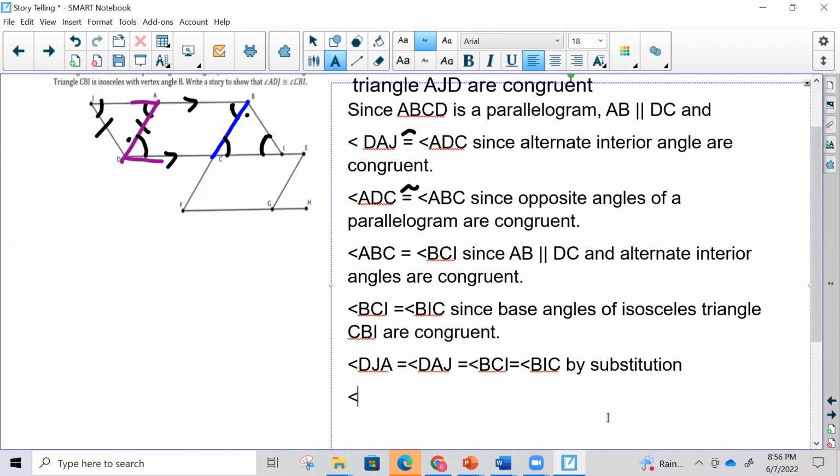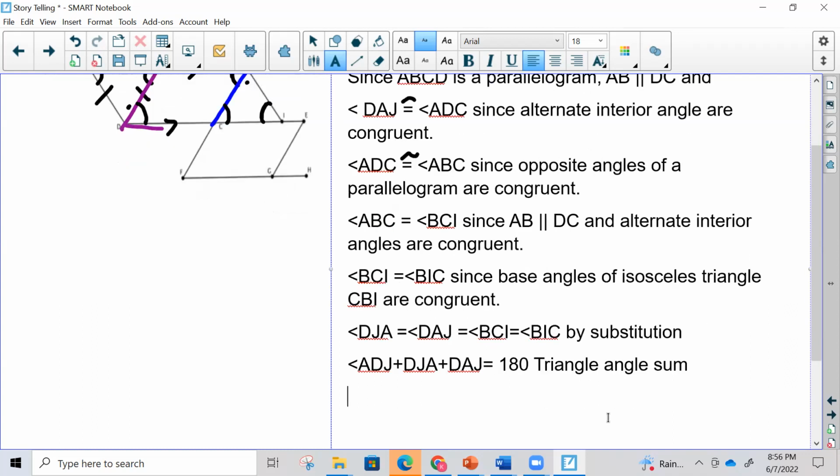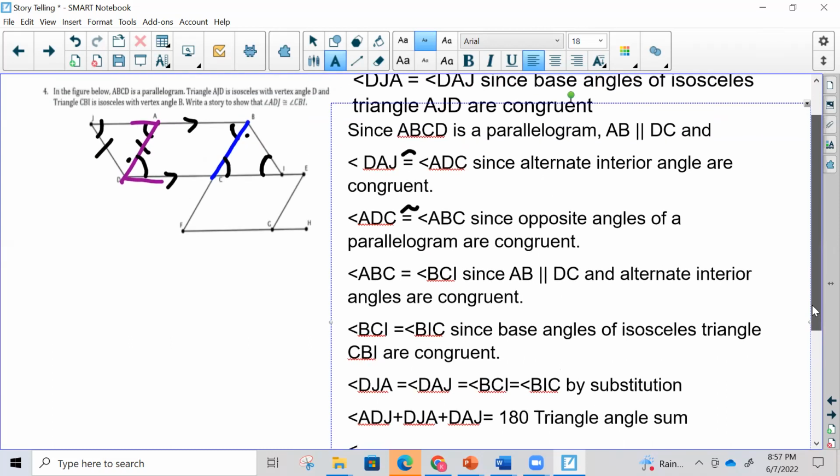We can show that those three angles are equal. So we could say ADJ plus DJA plus DAJ equals 180. This is the triangle angle sum. And then we can say that angle CBI plus angle BCI plus angle BIC equals 180. I want to do the same order, so I'm going to start with the vertex angle because that's what I started with in the other one.